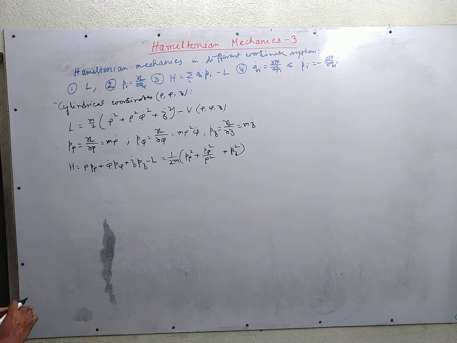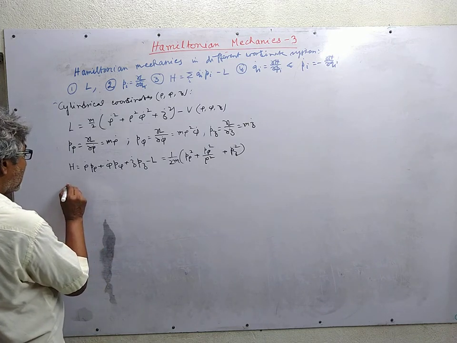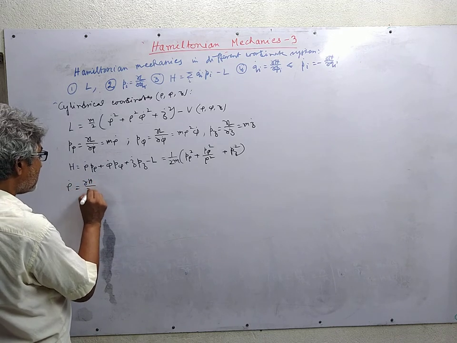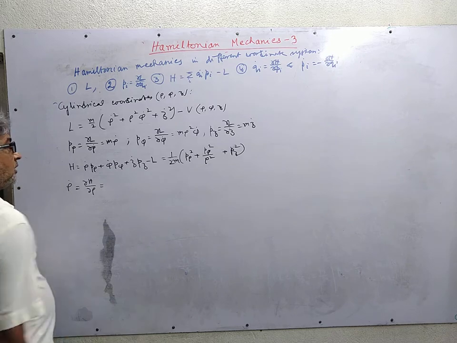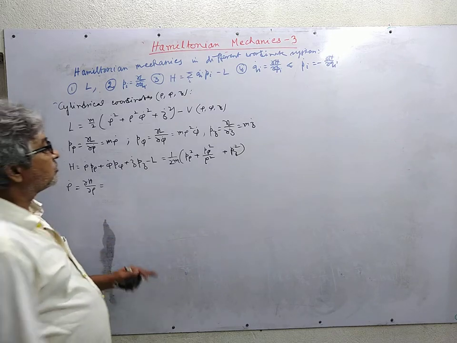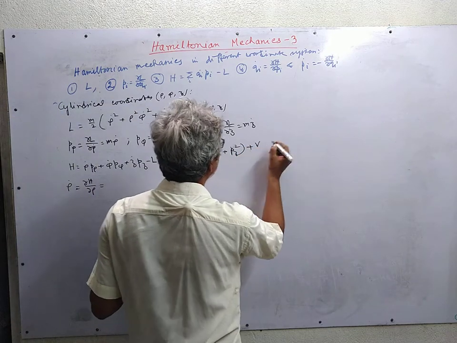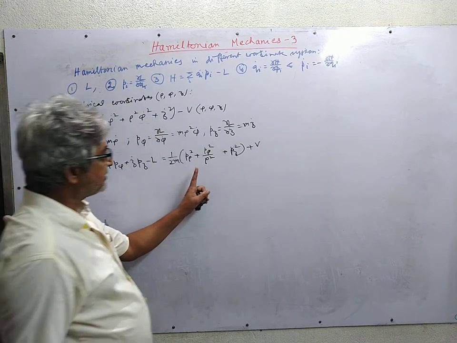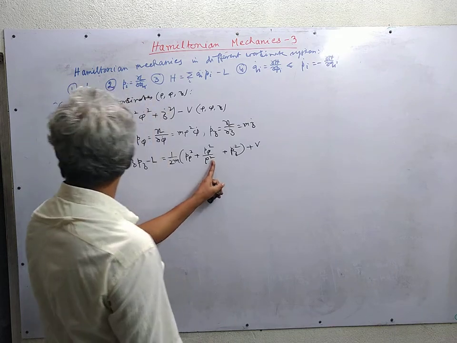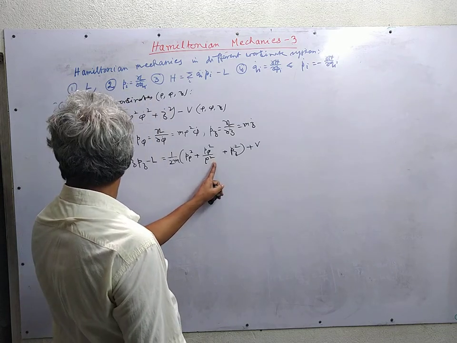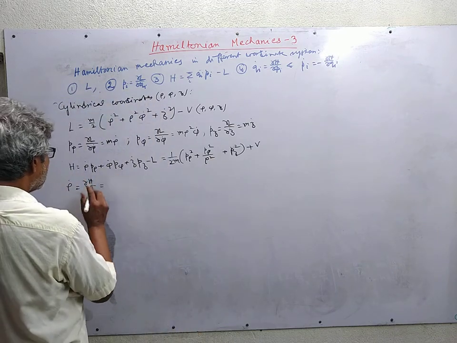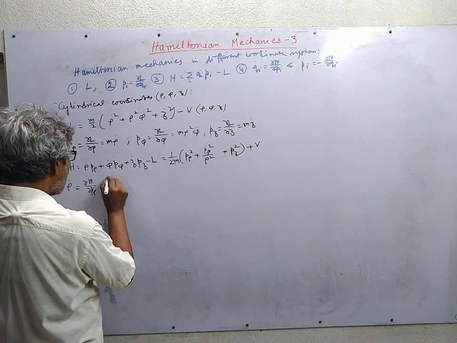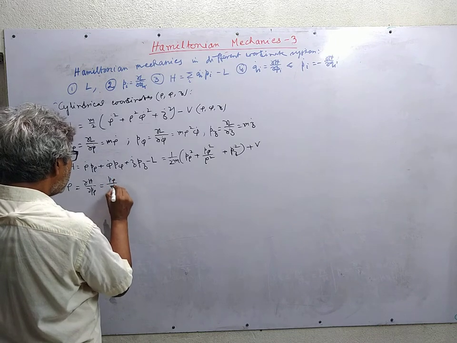Now coming to Hamilton's canonical equation, rho dot is equal to del H del p rho. Now, there is V of rho phi z here, but it has no p rho dependence. So rho dot is p rho by m.